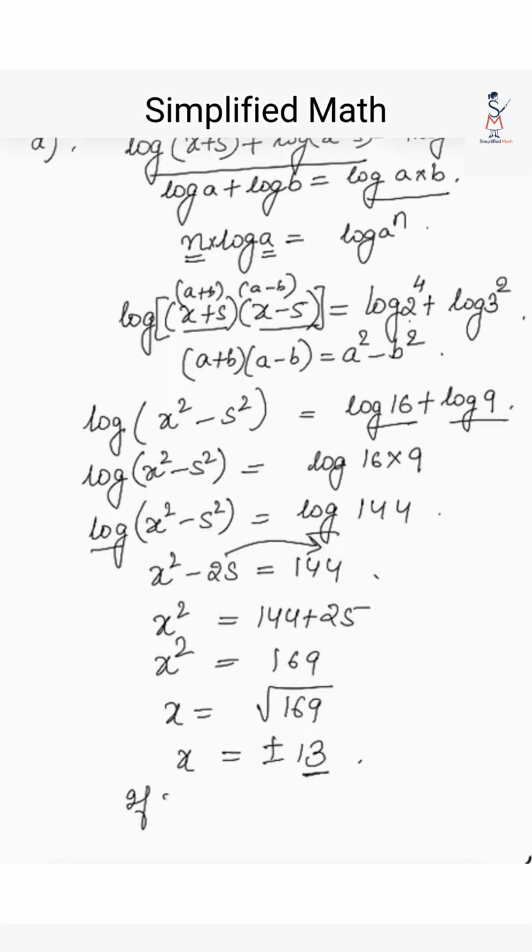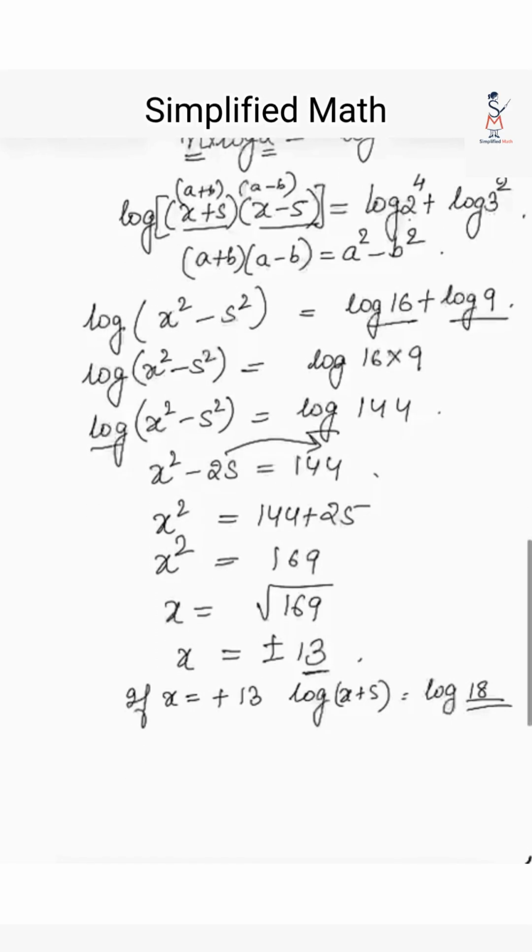So if x is plus 13, right, then log x plus 5 will become log of 13 plus 5, that is 18. Fine. Positive log we are getting.